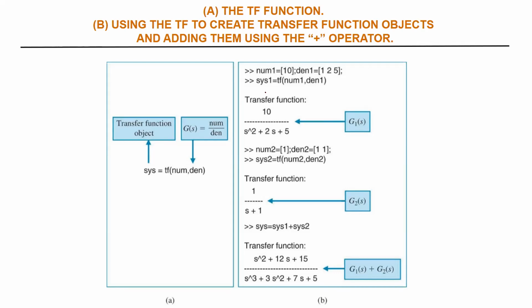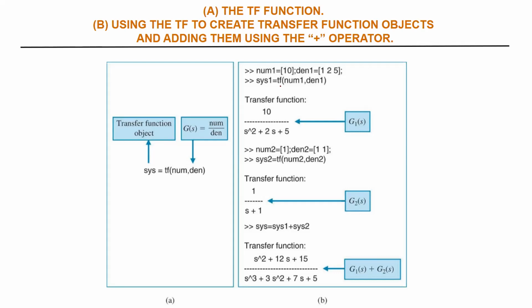So the system will hold the information about the transfer function. Later, when we go to state space, I could do a similar thing, but there I will write SS rather than TF.